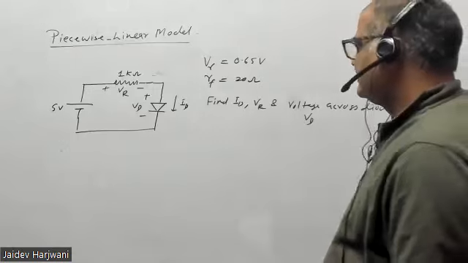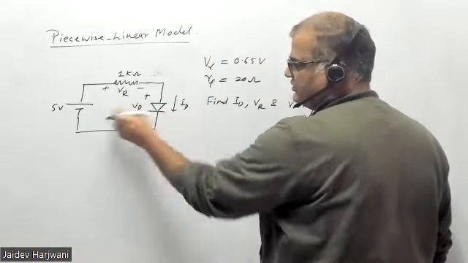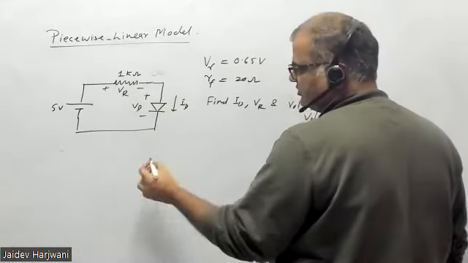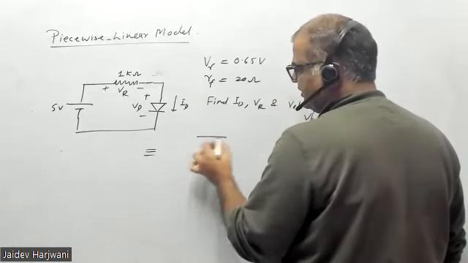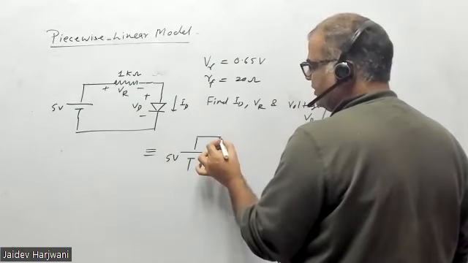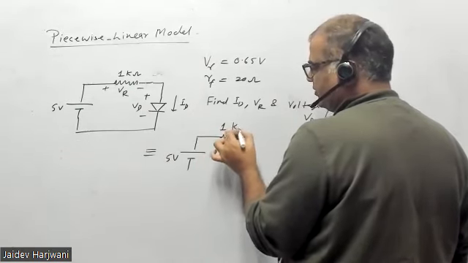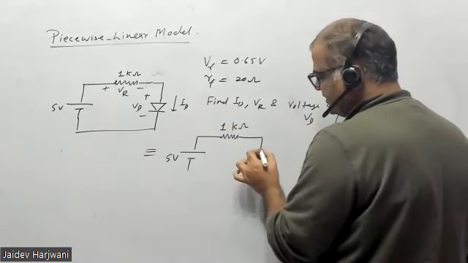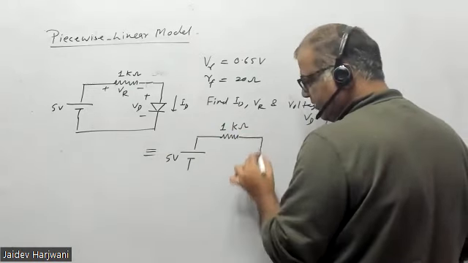Now it's easy. If I make it open, this will be 5 volt coming here. That means we can assume safely the diode is forward biased, and I can replace this circuit by a 5 volt source, then a resistance 1 kilo ohm, and then I can replace the diode by a battery and a resistance, you can make it up and down, no issue.